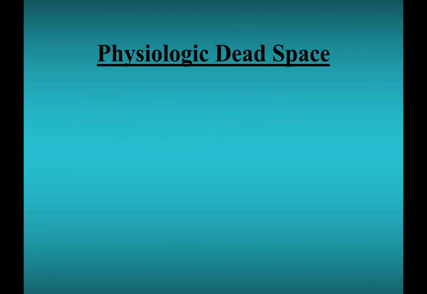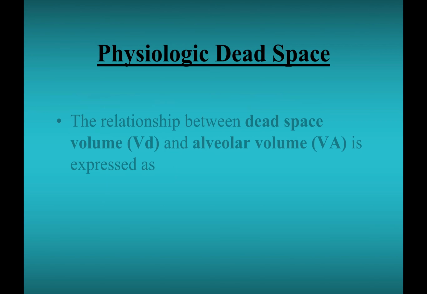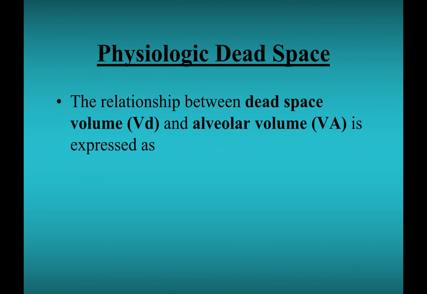There's another type of dead space. This is called physiologic dead space. And this is the relationship between dead space volume, which we abbreviate as VD, and alveolar volume, which would be abbreviated as VA. You may even see a little dot right in the middle of the VA. I can't always replicate some of those abbreviations if it's not part of the symbols in the software.